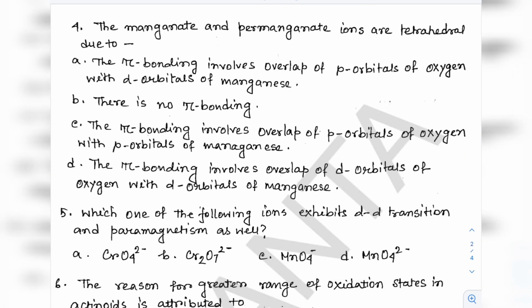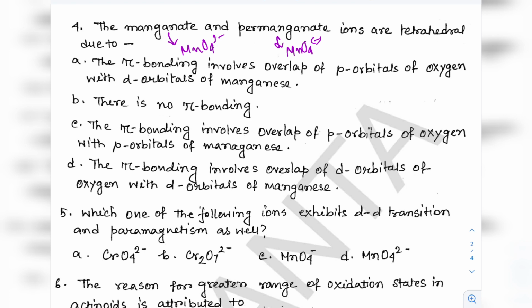The manganate and permanganate ions are tetrahedral due to. Manganate ion has the formula MnO4 2 minus, and permanganate is MnO4 minus.